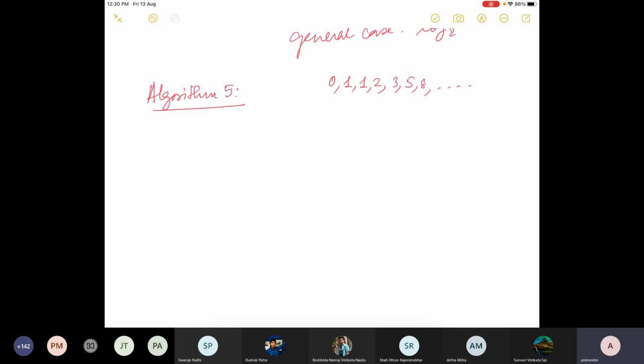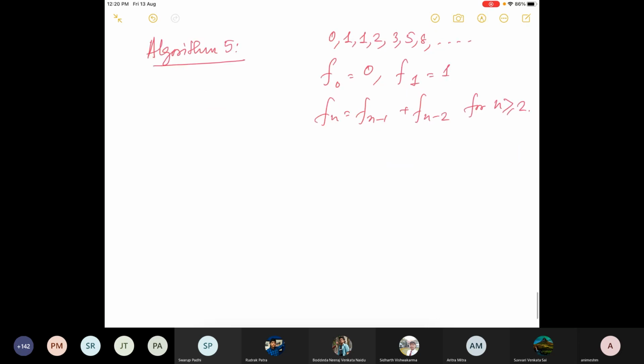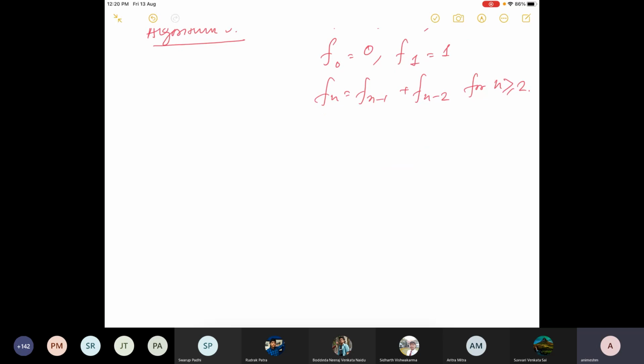For a Fibonacci series, we know that the moment we are asked to write an algorithm to generate the numbers in the Fibonacci series, our programming prowess drives us to write this version.